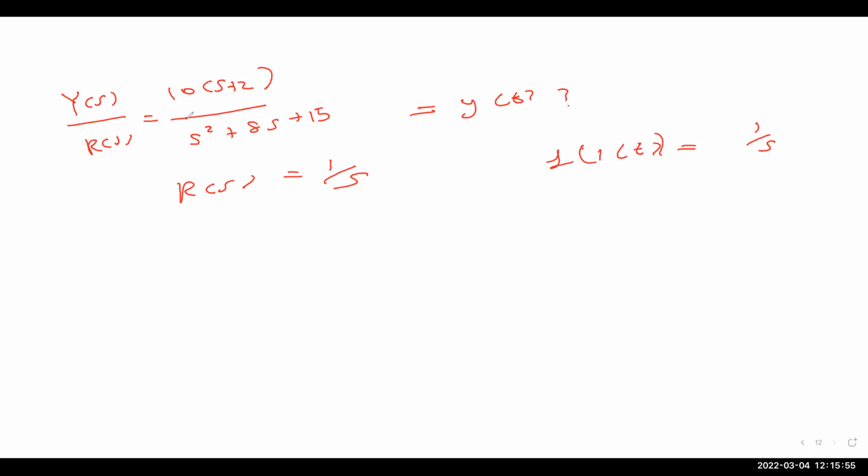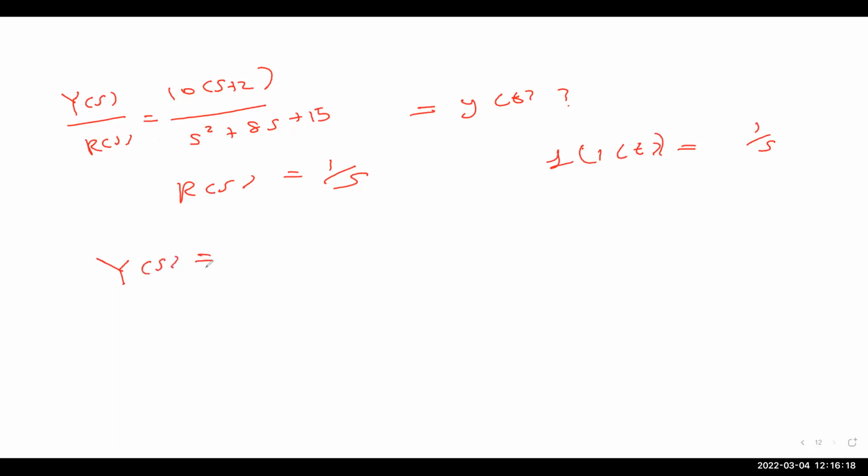So you can cross multiply this, right? You can directly put this s to the other side, because you can include this in the equation as an s. So what you can do is multiply both sides by R(s).